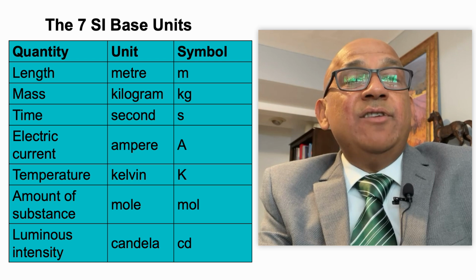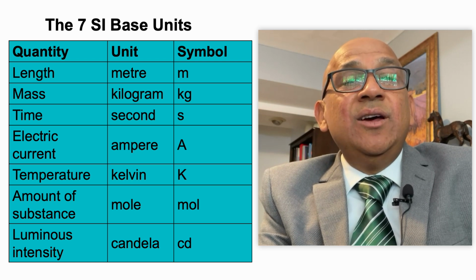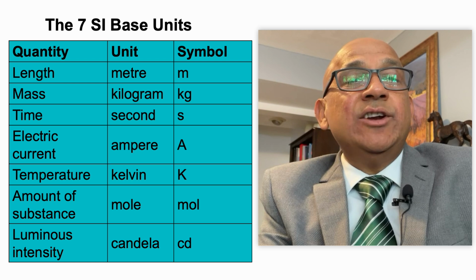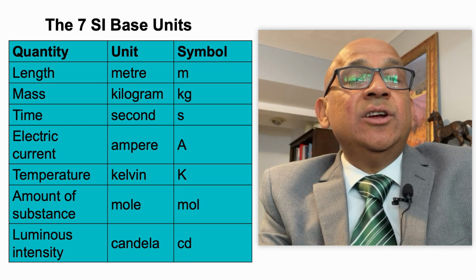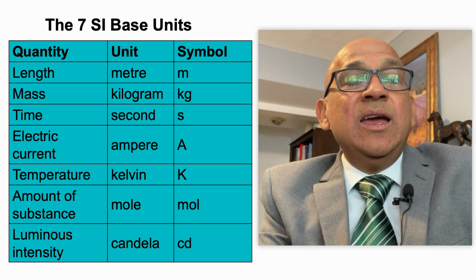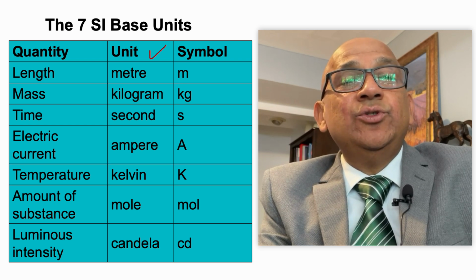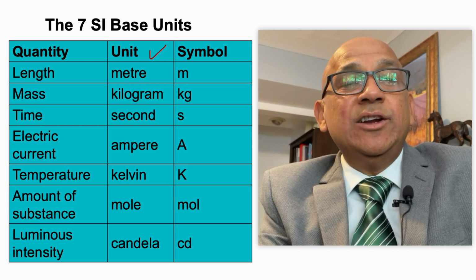In the SI system there are 7 different units. They represent 7 different quantities. On the left hand side of this table, I have shown the quantities like length, mass, time, electric current, temperature, amount of substance and luminous intensity. And in the second column, I have shown the units which are used to represent each of these quantities.